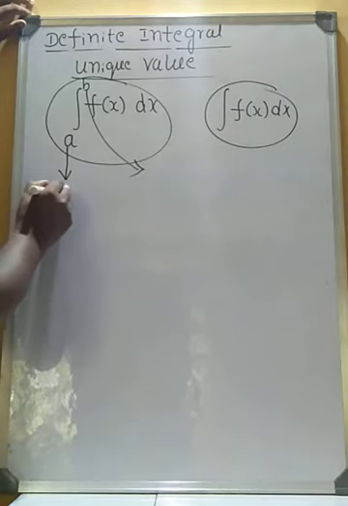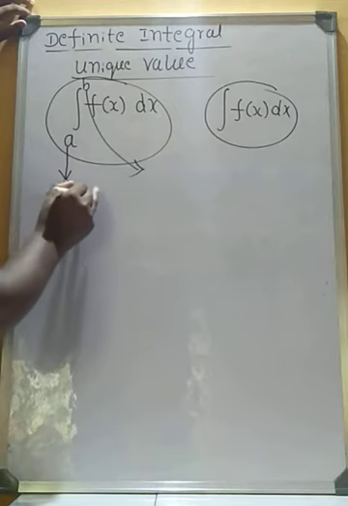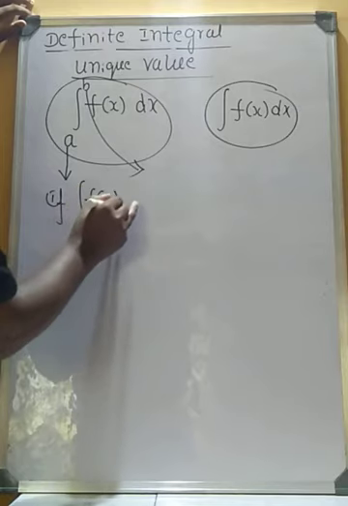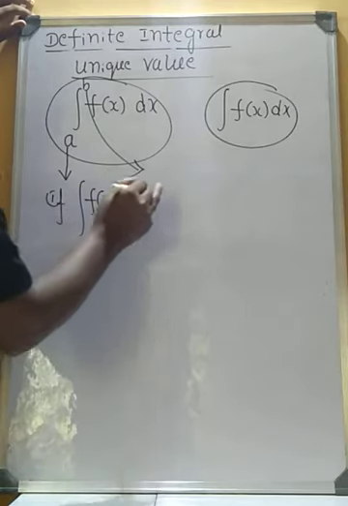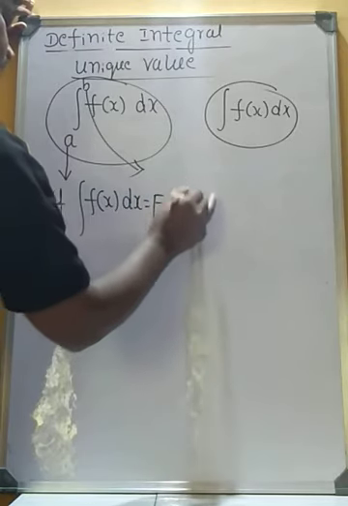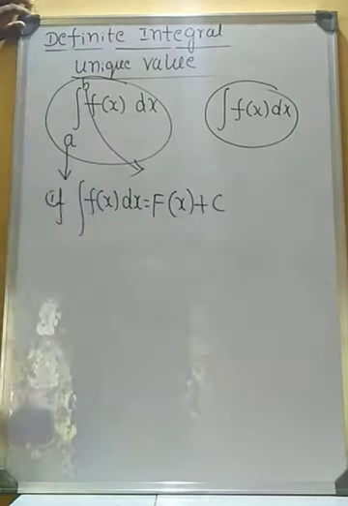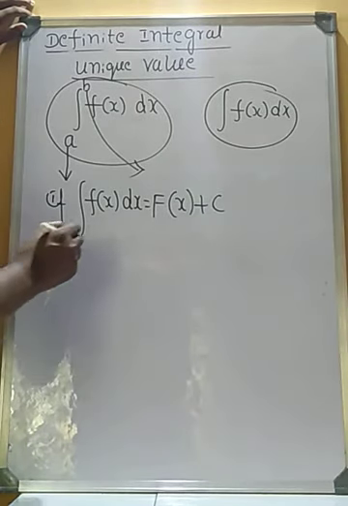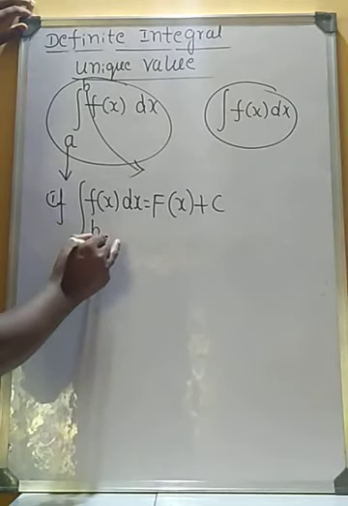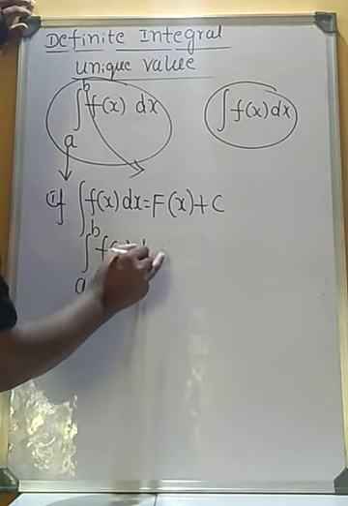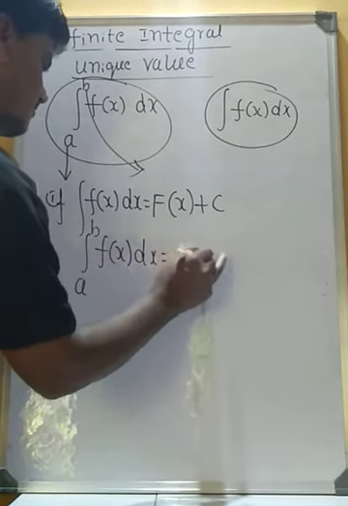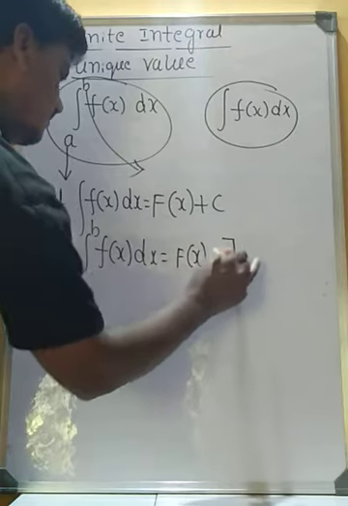That is, if the integral of f of x dx is equal to capital F of x plus c, then the integral from a to b of f of x dx is equal to F of x plus c.